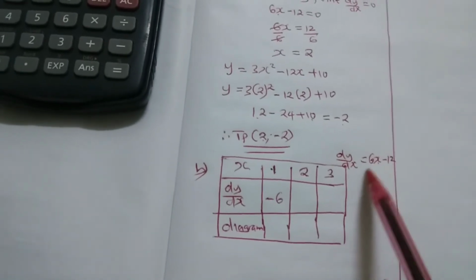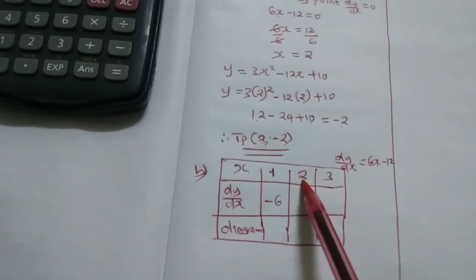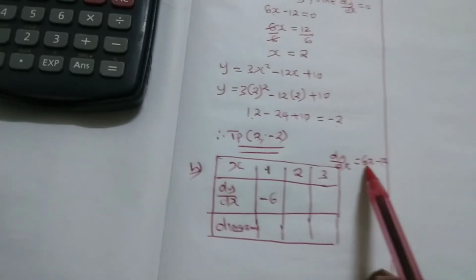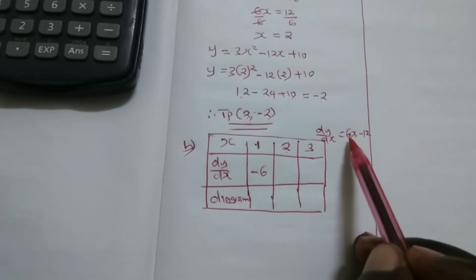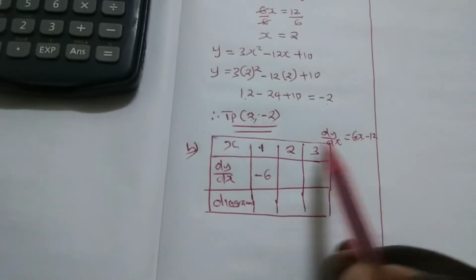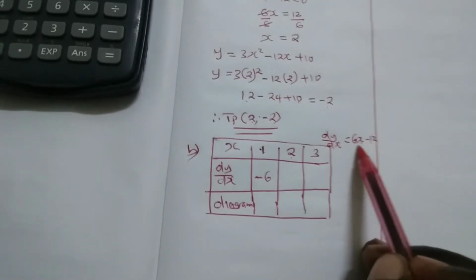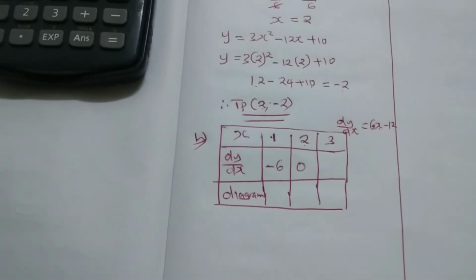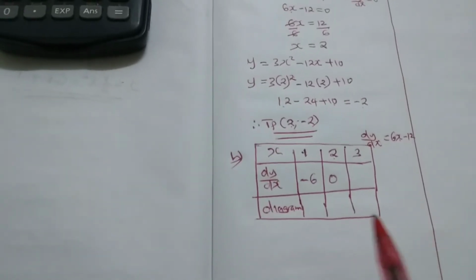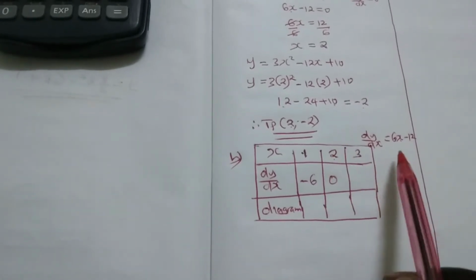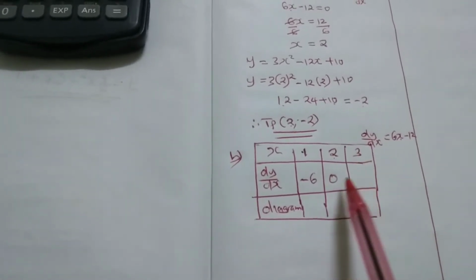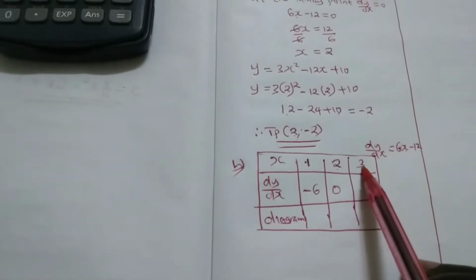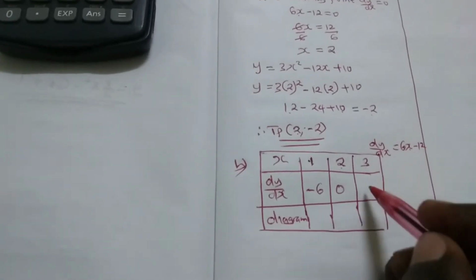Then when x is equal to 2, dy over dx is equal to 2 times 6, which is 12. 12 minus 12 gives us 0. And when the value of x is 3, dy over dx is 6 times 3, which is 18. 18 minus 12 gives us 6.